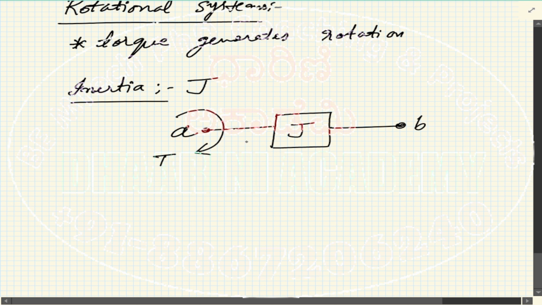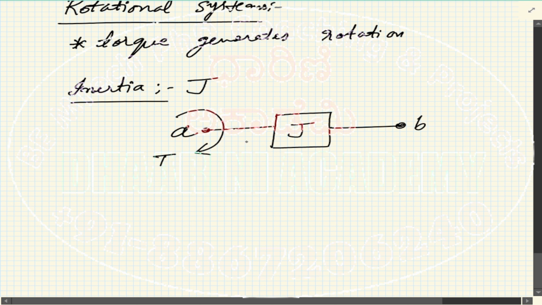J is actually measured in kilograms meter square, not per kilogram. Torque is measured in Newton meter. So T is equal to J into d square theta by dt square.